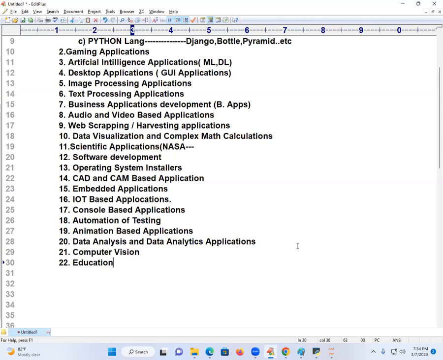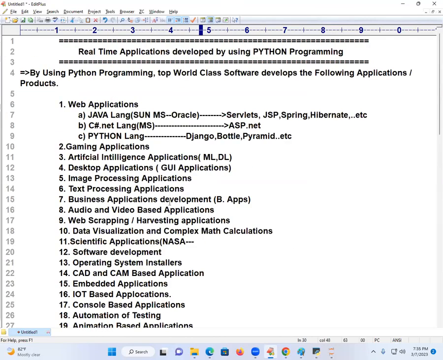Now you are learning Python after BTech. They are learning Python in 8th class only. Be careful. They are becoming software engineers in 8th class only. So are we sharp enough from now onwards or not? So in computer education, in education programs also, this Python language is going to come. If I go on writing, there will be so many applications.